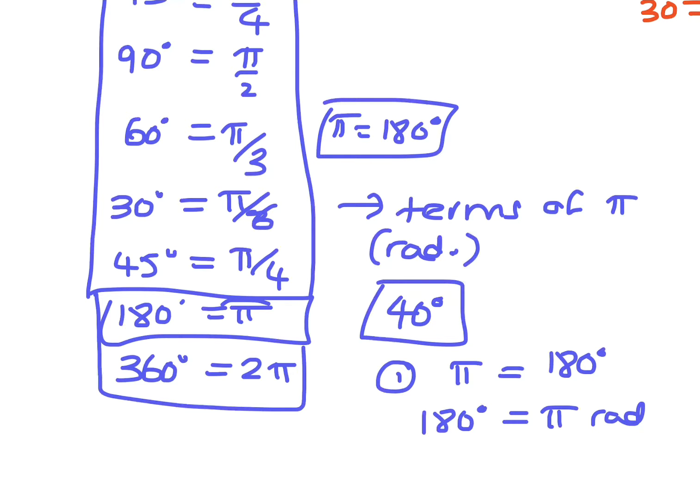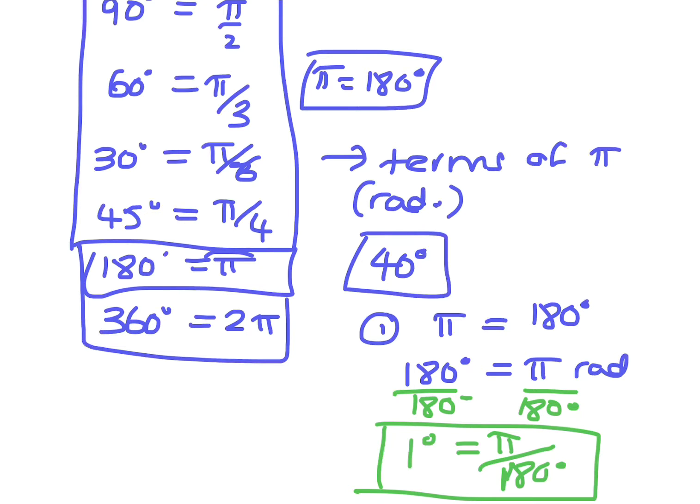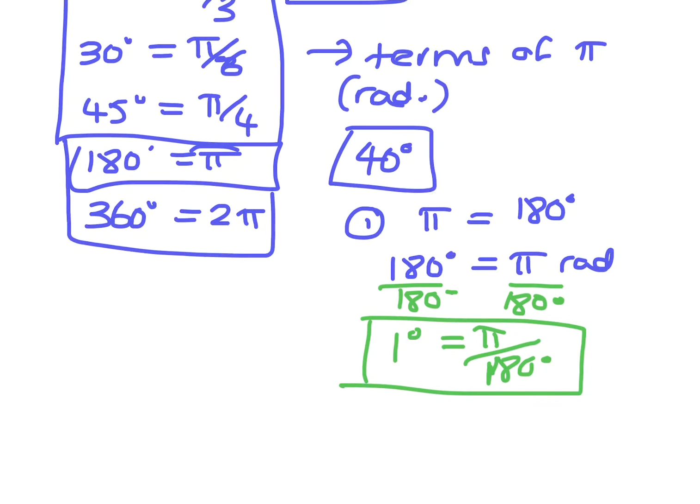So now if I divide by 180 on both sides, then 180 divided by 180 is 1 degree, and that's pi on 180. So what I basically have here is 1 degree in terms of pi on 180. So if I have what 1 degree is, and I now want to know what 40 degrees is, that would be 40 lots of pi on 180.